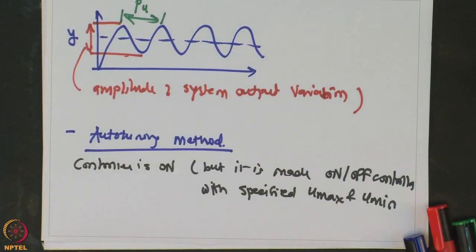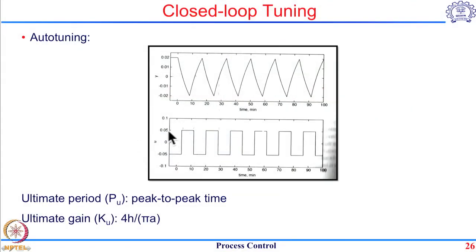So, typically when you do that, the response is going to look like this. Your manipulated input would look like a pulse response, which is clamped by the maximum and minimum value which you have set. Here the response shows that it is set at plus minus 0.05 around the steady state value, and correspondingly the output shows this sawtooth type of a response.